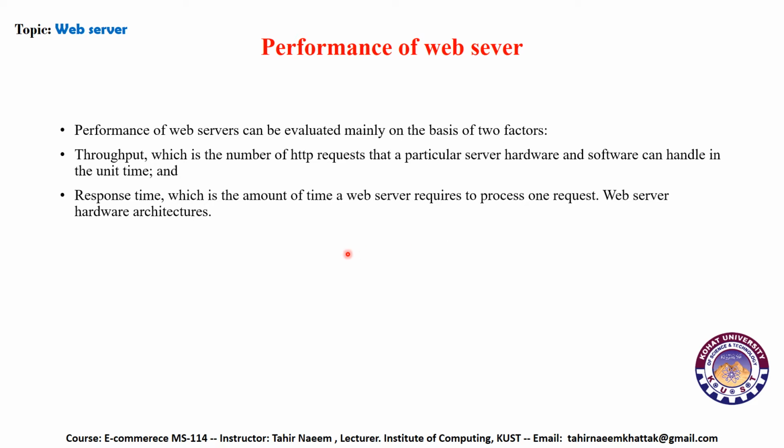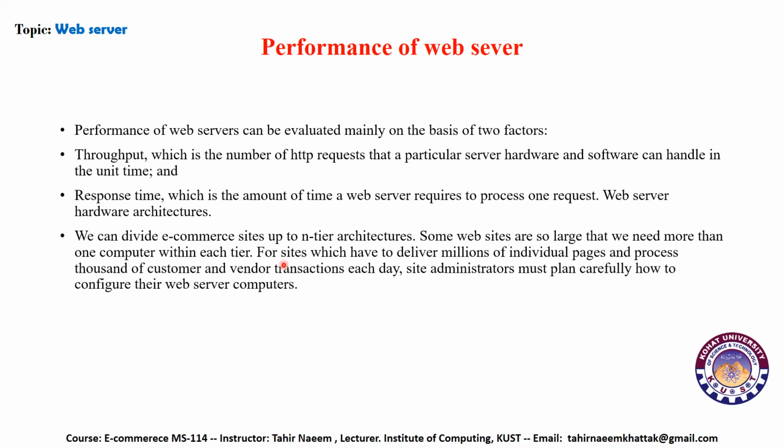Web server hardware architectures. We can segmentize different e-commerce sites based on different tier system architecture. Some websites are so large that we need more than one computer with each tier.